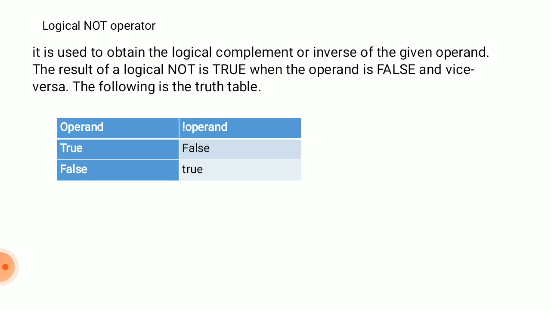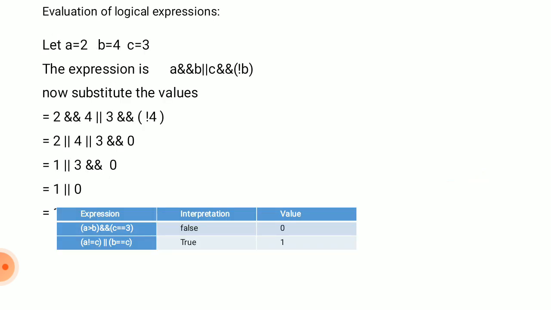So, these are the three logical operations. Logical AND performs the multiplication of two operands, logical OR performs addition of two operands, and NOT performs the logical complement or inverse of the given operand. Here we see one example of how logical expressions are evaluated.